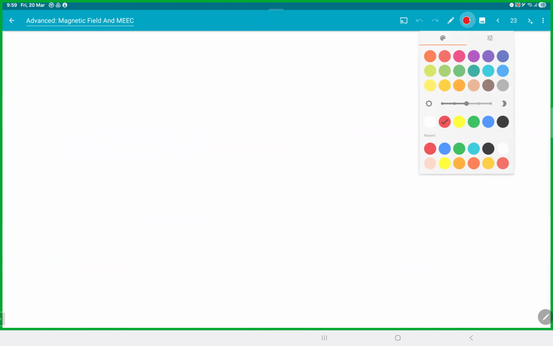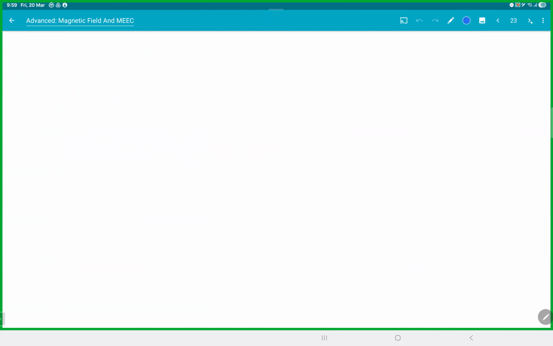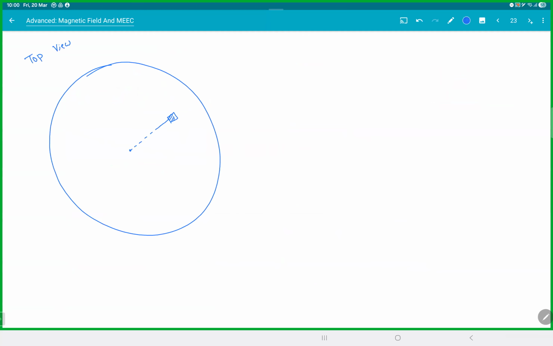So whenever you have to use r_COM, you have to take a general solution there. So let's take the top view. So from here, you're choosing some random point here. On this random point, we have the magnetic field.